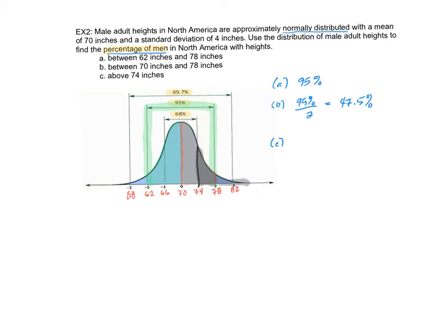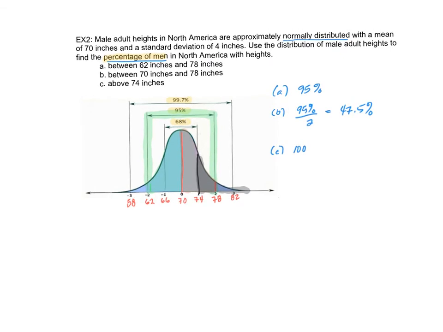The whole graph represents 100%. Okay? So if this whole graph is 100%, and I take away 68%, so if I just take away the 68% from my graph, then what's left over is the above 74 and below 66.